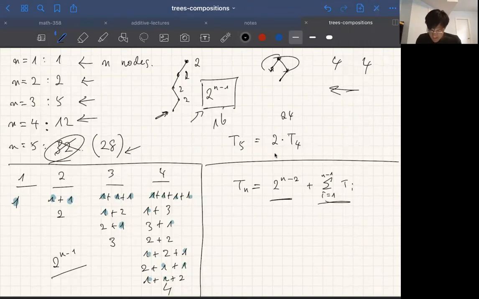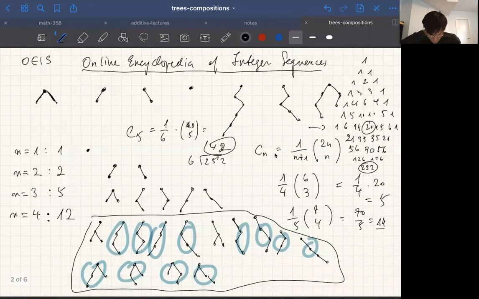So 2 to the n minus 2, that's the number of ways of putting some items on 2. What in the world does it have to do with this?